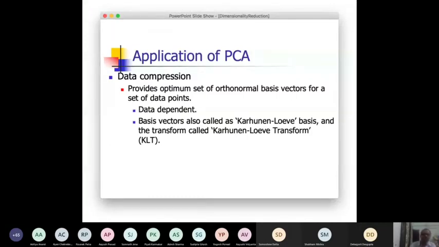So that is one kind of feature. If you can estimate the covariance matrix of the distribution very accurately or appropriately, then for a class of data points in that particular class, that representation is optimum.